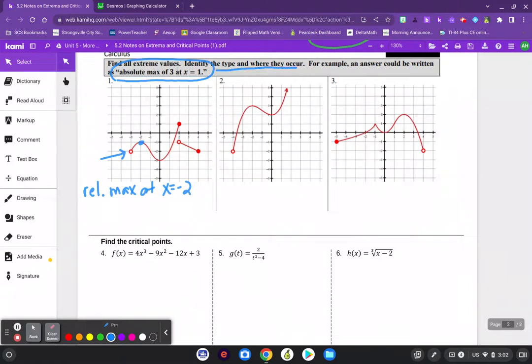I should do what they did. Let me do this. I could say here, I've got a relative max of -1 at x equals -2, that's my y value. And that would be this here. So you're going to identify all of the mins and maxes for each graph and say what they are and where they are.